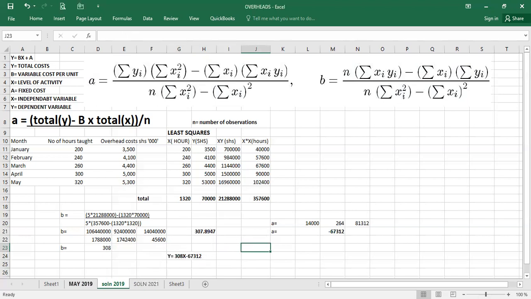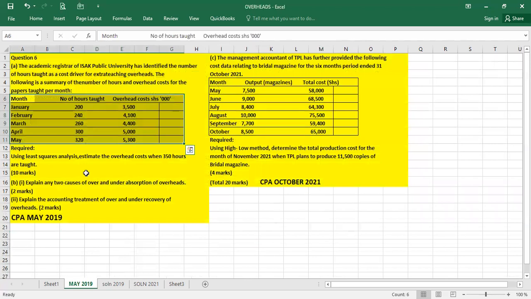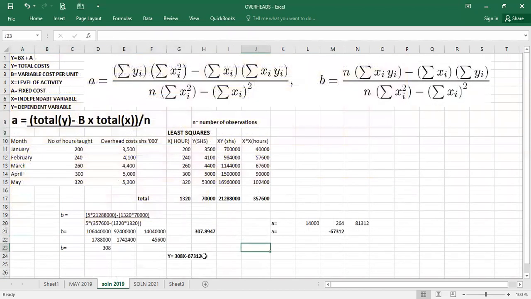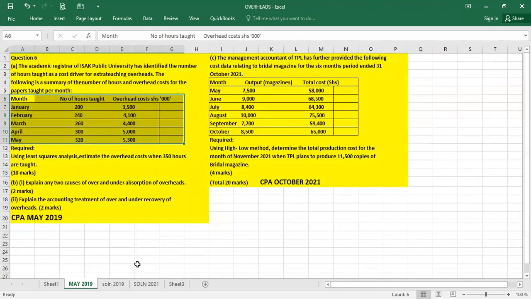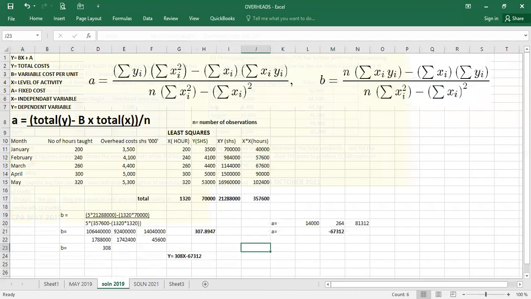So the question said we have to determine the cost when the hours are this. Where the X is, we put the value, the 350 they have given us, so that we can determine the total overhead we've spent.